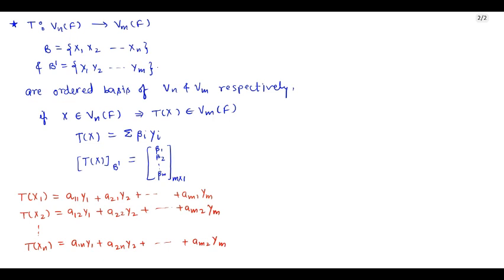All things are clear? So in general, the image T of xr, with respect to basis B prime, is the vector a1r, a2r and so on up to amr.